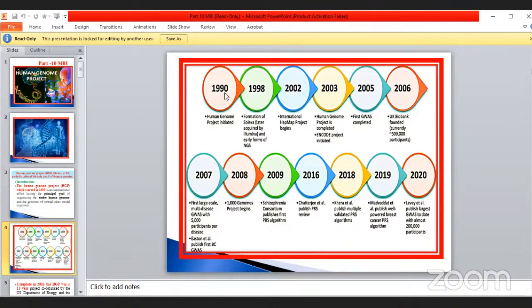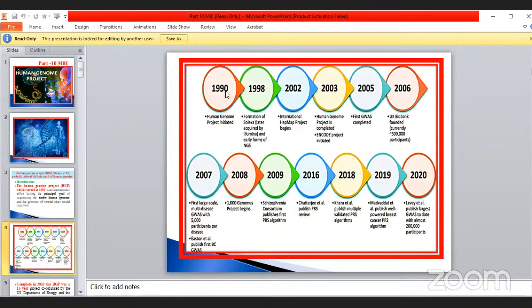After an interval of 18 years, what happened? The Solexa, later acquired by Illumina, and the early form of NGS. This is another point. After that, 2002, the international HapMap project begins. And 2003, the Human Genome Project is completed.